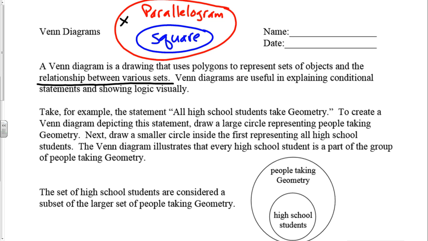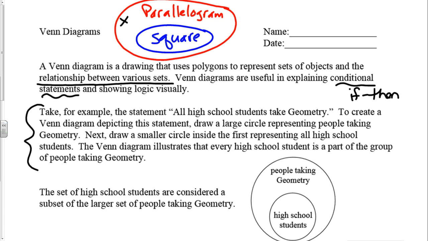They are also used in conditional statements. A conditional statement is an if-then statement. If you study, then you will pass the test. So if we look at the example over here, all high school students take geometry.